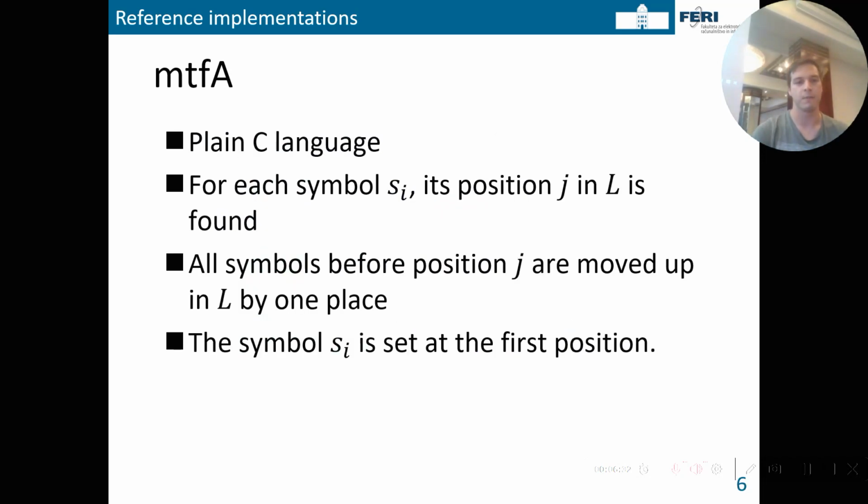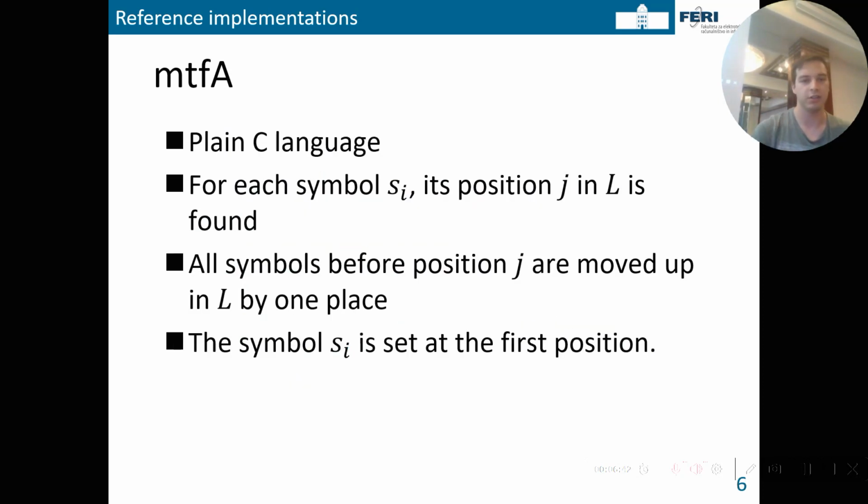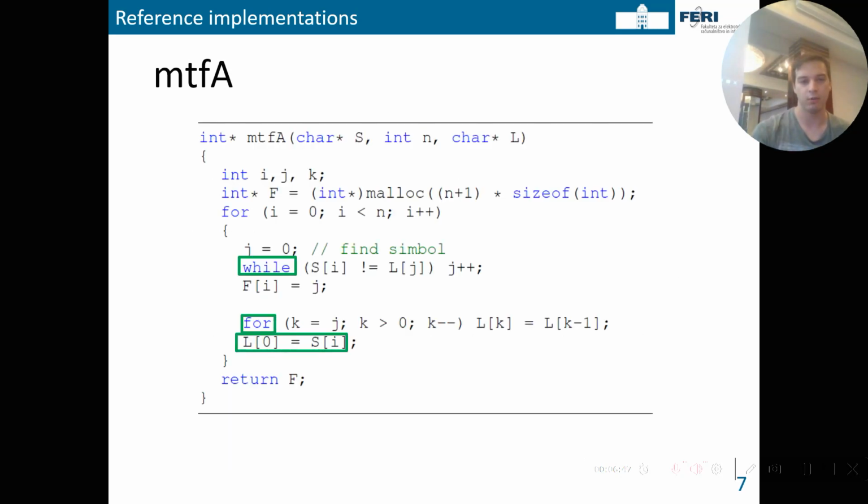After that, all symbols before position J are moved up in list L by 1 place. This was done with the help of a for loop. And at the end, the symbol S_i is set at the first position of the list with a simple assignment. So here you can see the C code of the MTF-A reference implementation.